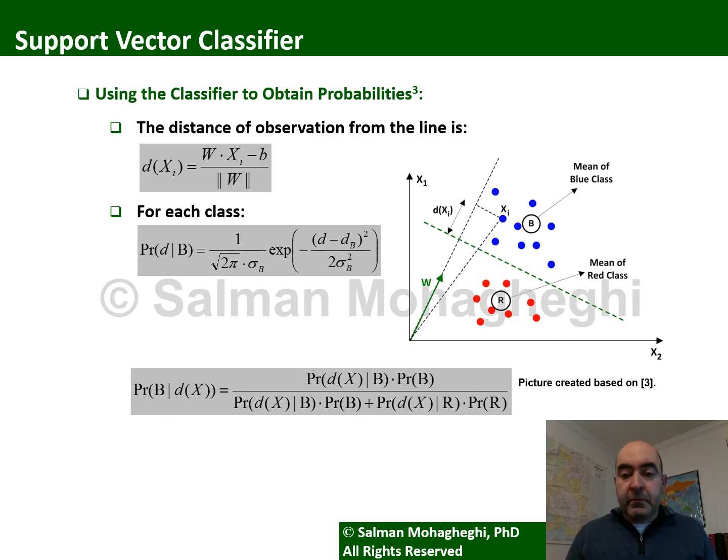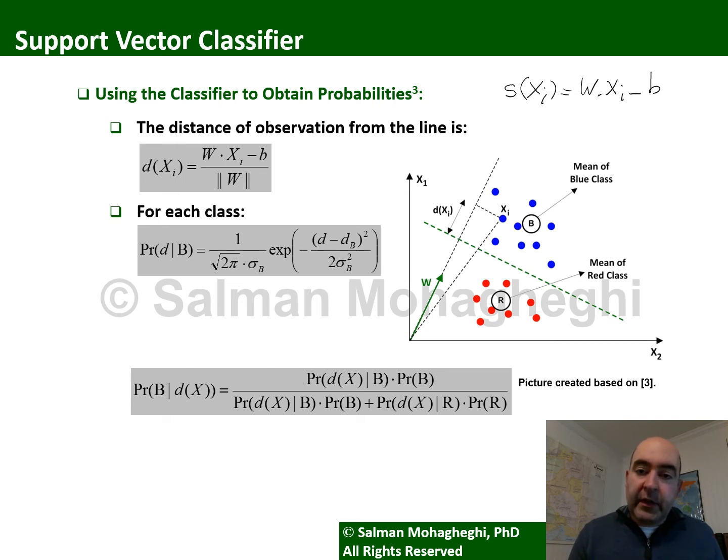In order to do this, I would define what I call a score. The score of observation xi is going to be the inner product of w times xi minus b. Naturally, if this S is positive, that means I belong to class blue, and if it's negative, that means I belong to class red.